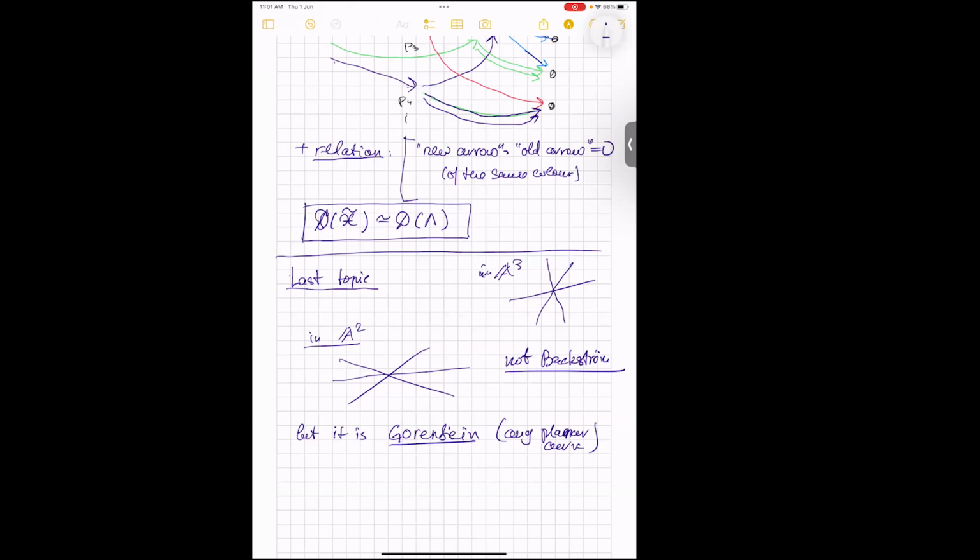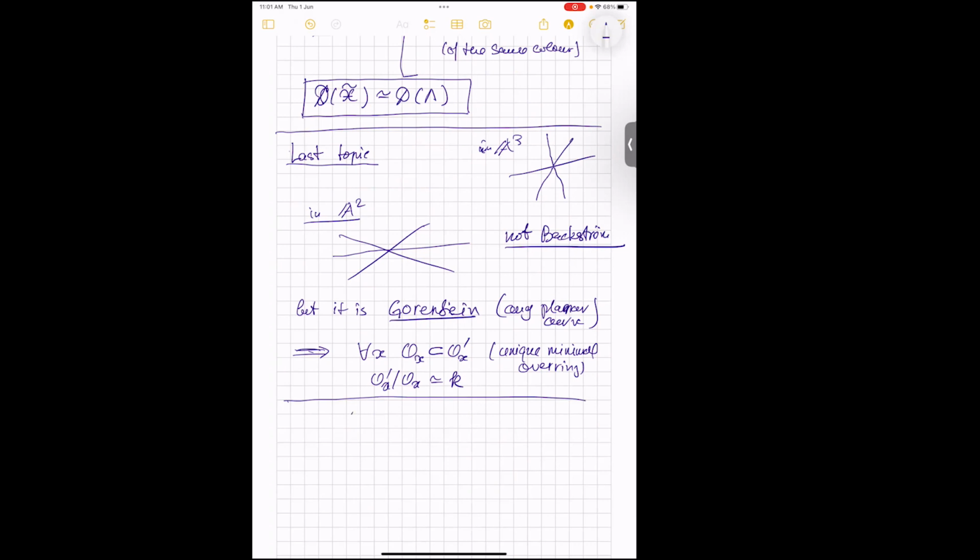It means that for any x, if we take OX, it is contained in a unique minimal overring OX dash such that OX dash modulo OX is the ground field.